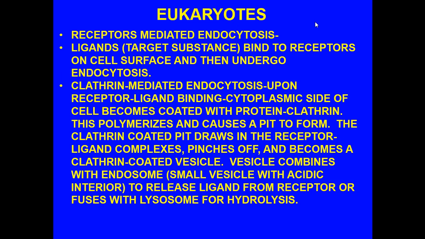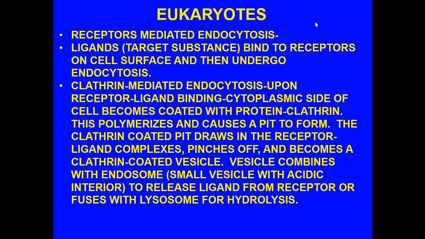This is an addition to the receptor-mediated endocytosis because upon receptor-ligand binding, the cytoplasmic side of the cell becomes coated with the protein clathrin, which will polymerize and cause a pit to form. So it's sort of like a sinking crater. The clathrin-coated pit draws in the receptor-ligand complexes, pinches off, and becomes a clathrin-coated vesicle.